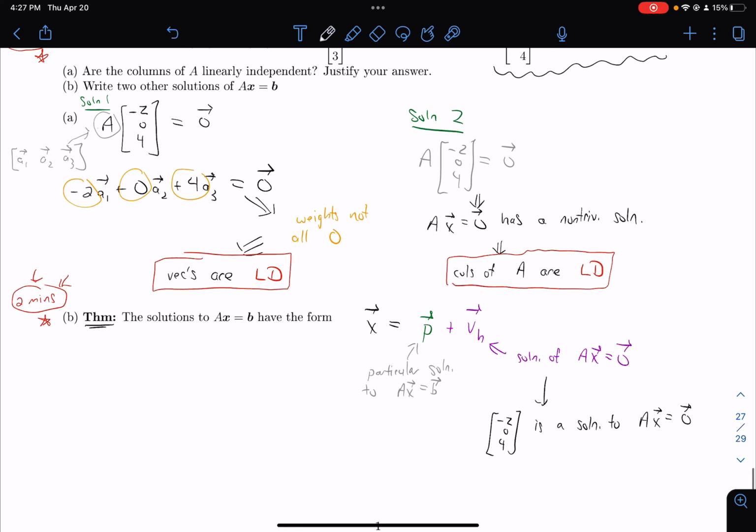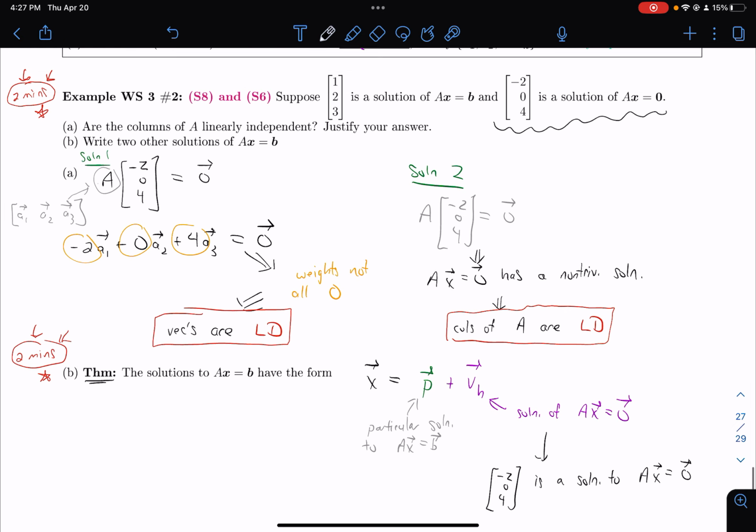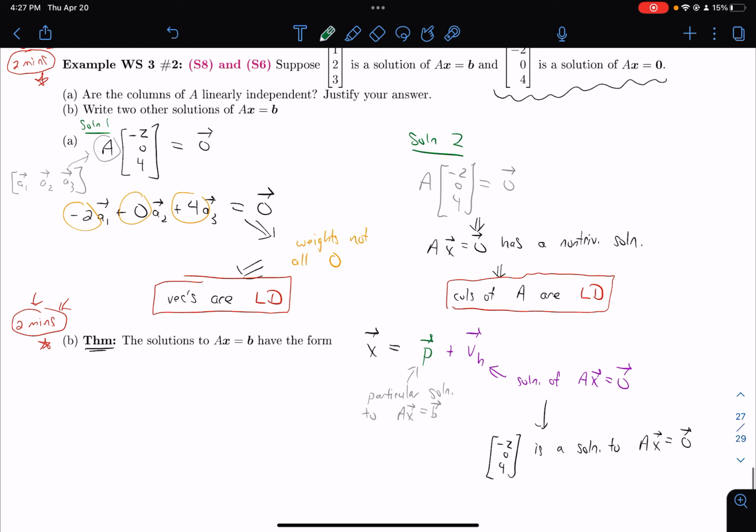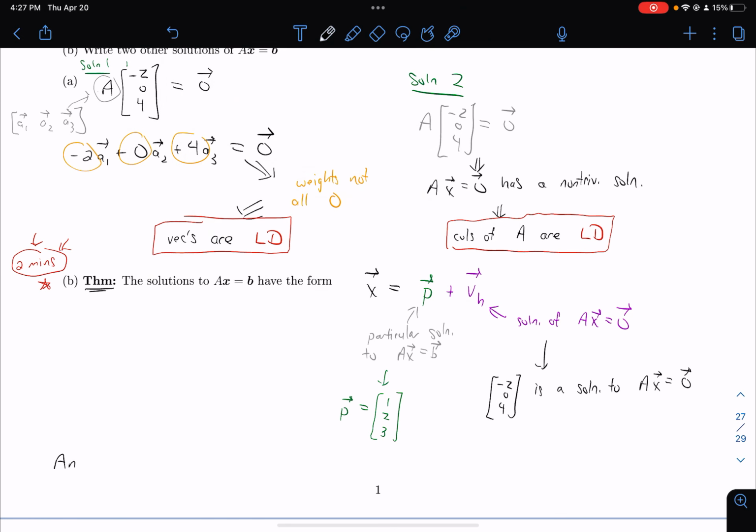We also have p, a particular solution to Ax equals b. The problem tells us that as well. It's this vector (1, 2, 3). So let p be the vector (1, 2, 3). My goal is to get 2 new solutions. I think we're ready to at least write down 1 new answer.